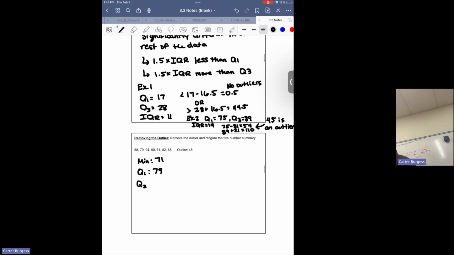Q2, the median, is going to be 88 with just how things shift around. Q3 is now 90. And then the max is going to be 94.